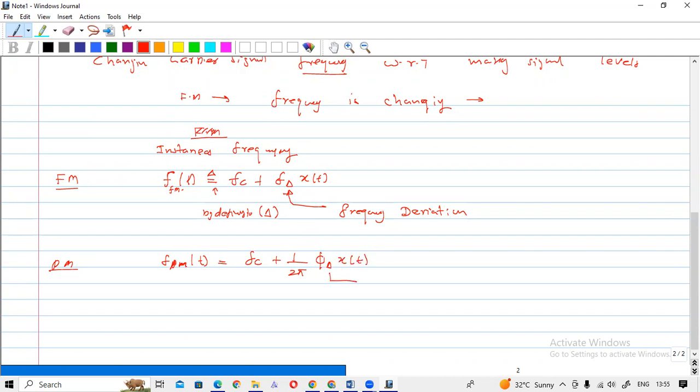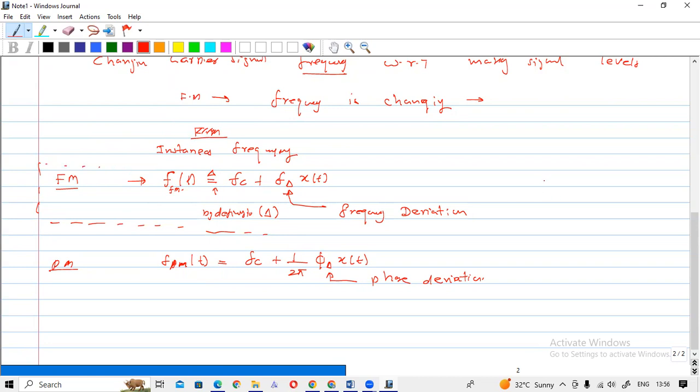This is referred to as the phase deviation. So this is the instantaneous frequency of the phase modulated signal, and this is the instantaneous frequency of the frequency modulated signal. Now our focus is on this one.